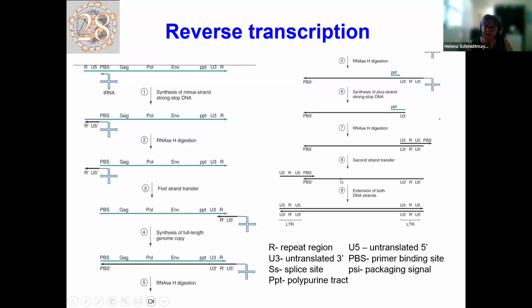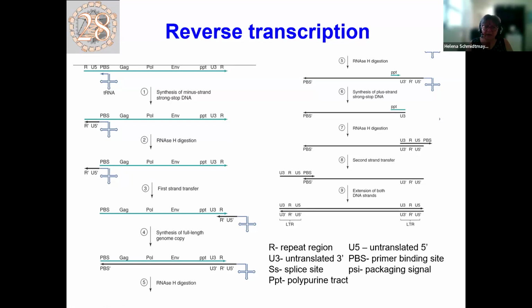So reverse transcription is a very tightly regulated stepwise process which undergoes two template switches. You remember viral RNA is plus sense, so it goes from 5' to 3', and on both 5' and 3' it has these repeats, and on 5' it has the PBS, primer binding site.